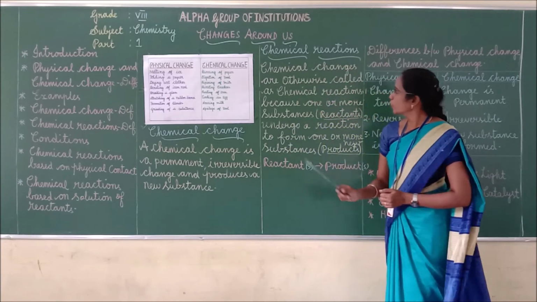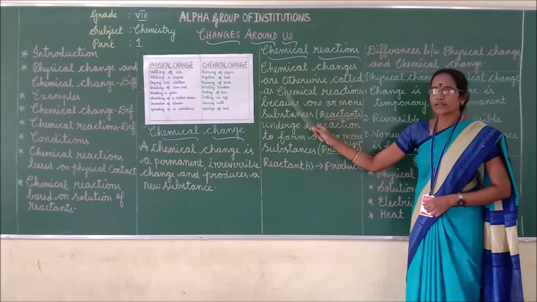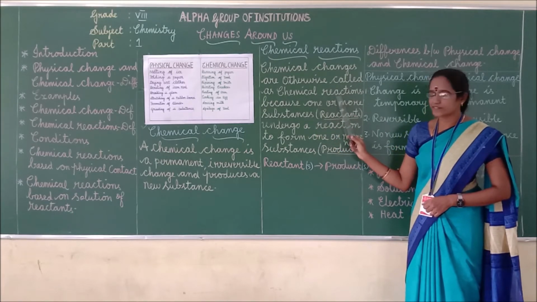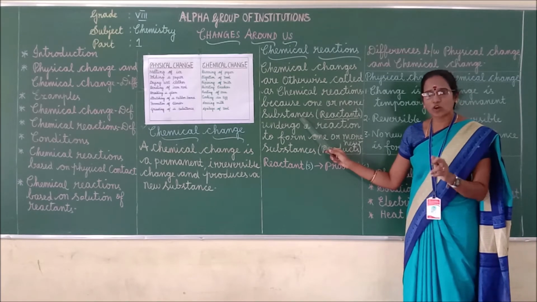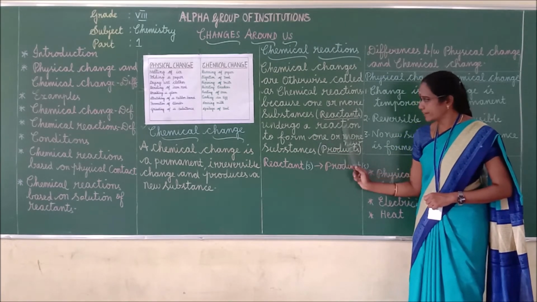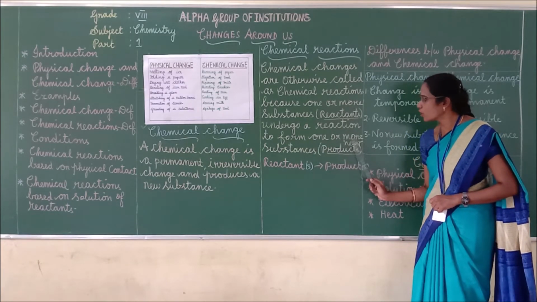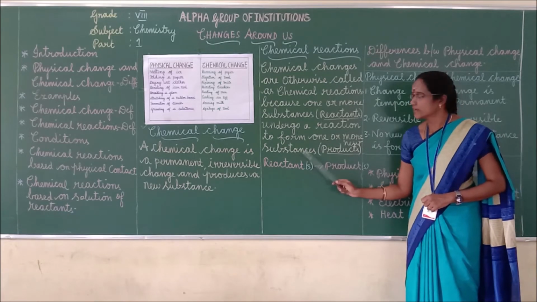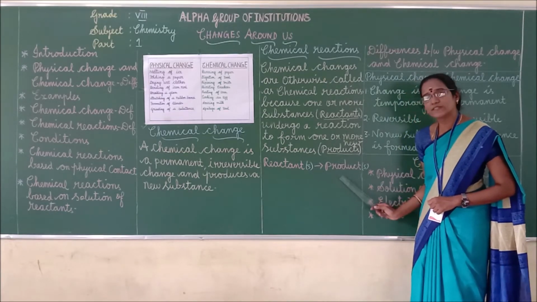So look at the board. Chemical changes are otherwise called chemical reactions, because one or more substances, that is called the reactants, undergo a reaction, that is chemical reaction, to form one or more new substances, that is called the products. So reactant gives product.